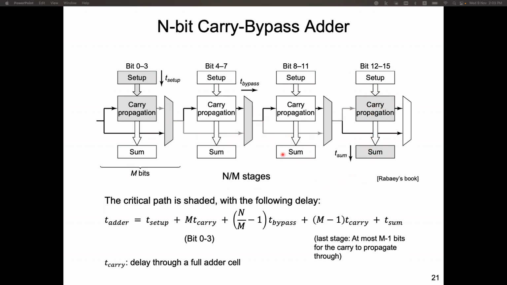In other blocks, you also have the sum, but this sum occurs earlier than the worst case delay. So in the worst case, the delay is like this, as I shaded, from here through the multiplexer to here, and to the carrier here, and to the output. Now we can calculate the delay of this critical path.